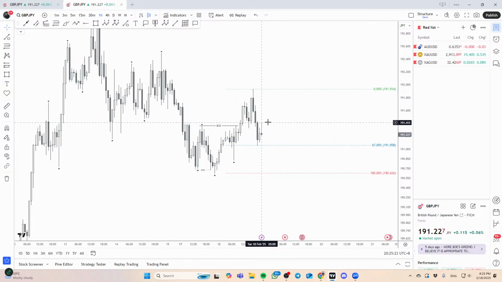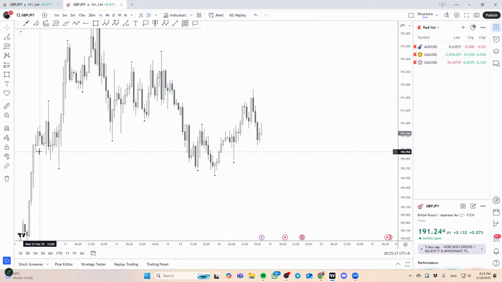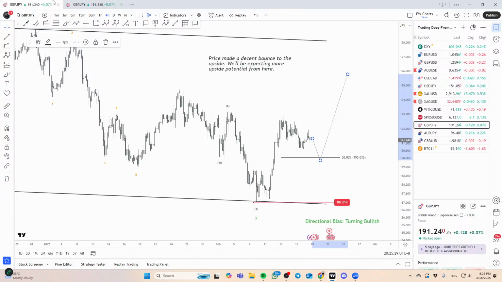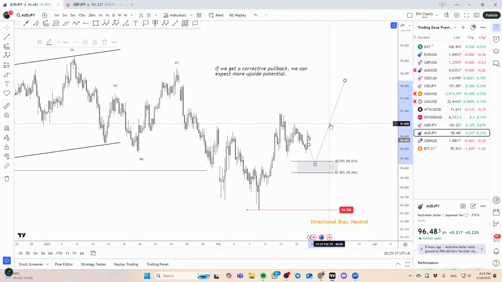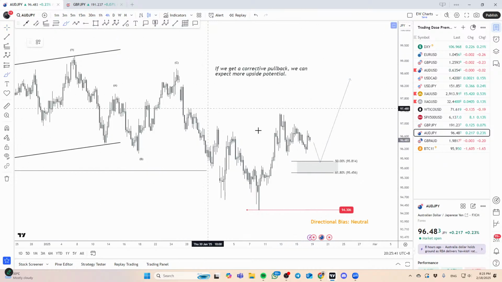So that's something that I think is important as well. It's not taking every setup you see, but you want to layer things on top of one another. You want to add the context behind it. Okay, so that's on pound yen side. Aussie yen is more or less the same. We're expecting some sort of pullback. If this is going to continue correctively, then this would be a key area to look for a buy.